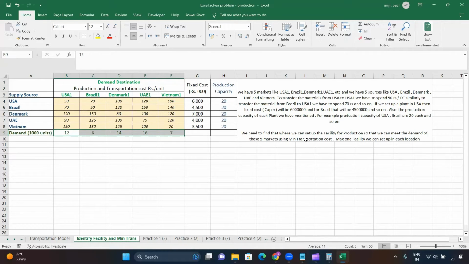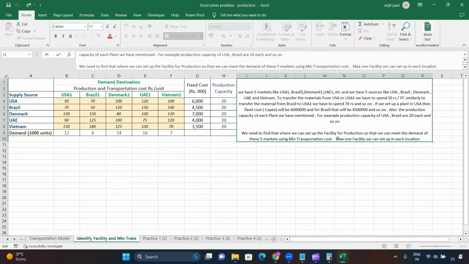So basically, we want to fulfill the demand of these 5 markets by setting up a facility using minimum transportation cost. So we need to consider all these input parameters to decide where we can set up our facility or the plant.